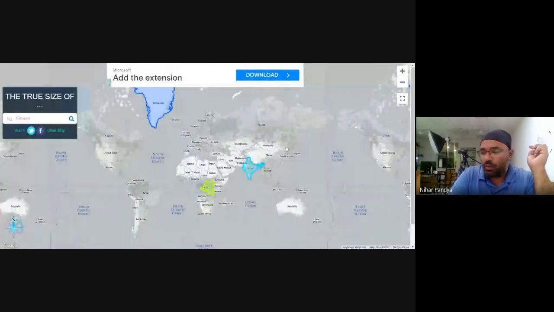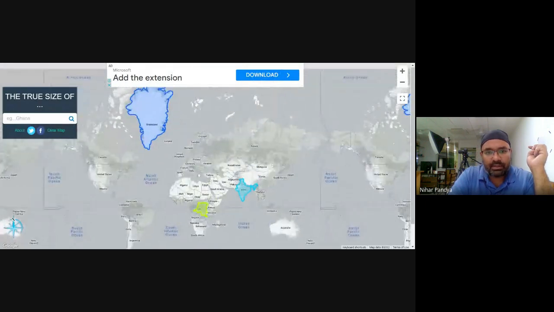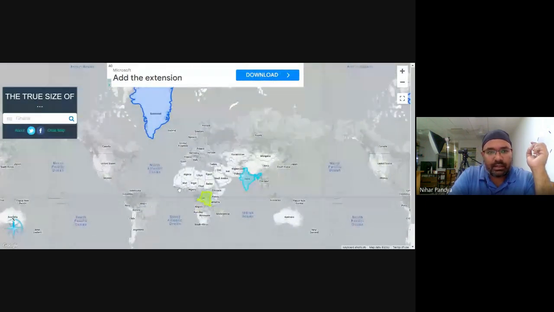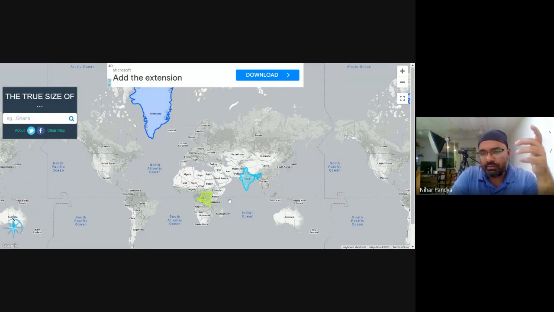So with that vegetable math, you can explain with this tool. Here I checked the Democratic Republic of Congo and Greenland. The equator goes through the Democratic Republic of Congo, so it's pretty much in the center, and it's India. Well, I'm in India, so I was comparing that also, and Greenland.